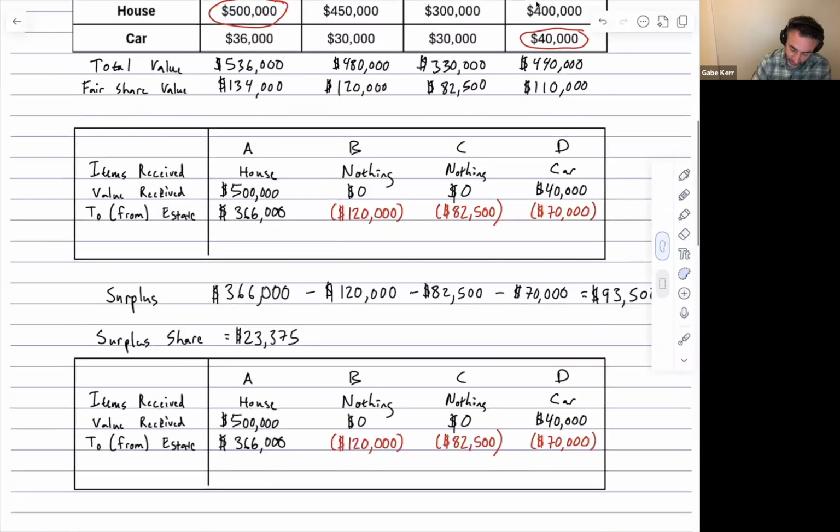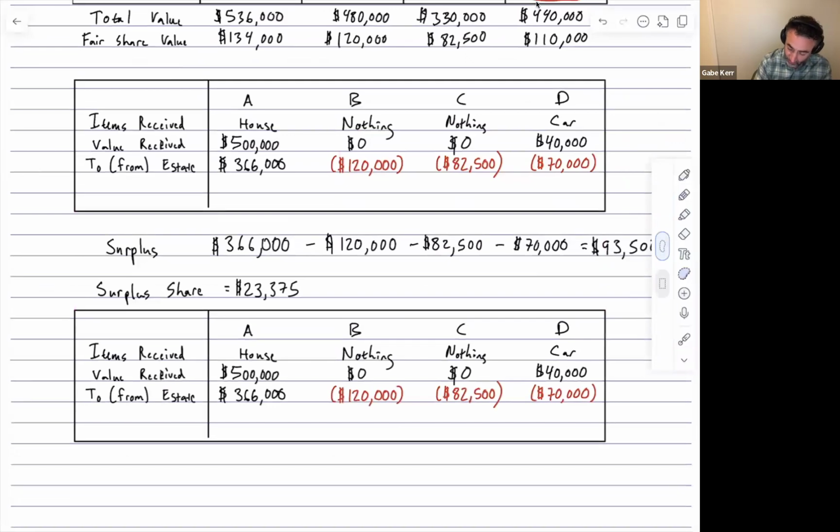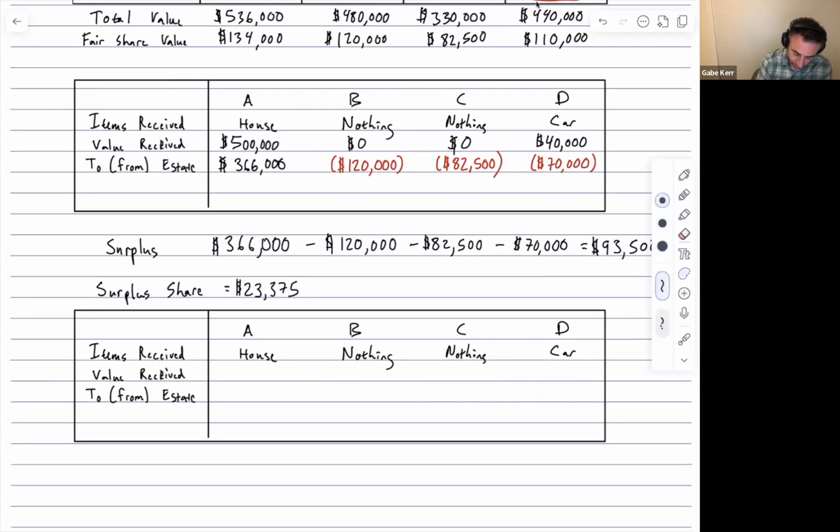Okay, so the items received are the items received, but now I'm going to erase everything that's here, and I'm going to make the final settlement. The final settlement will be how much cash from the estate. So this is how much each player receives.